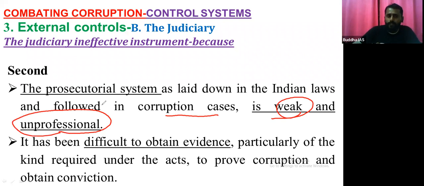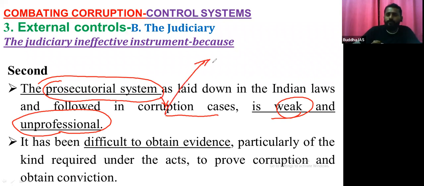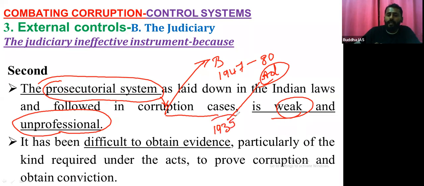So second, the prosecutorial system, the process involved itself, is weak and unprofessional when it comes to corrupt cases. This we can take back to the British legacy. Though we got independence in 1947, nearly 80% of things relating to administration are directly taken from the 1935 Government of India Act.